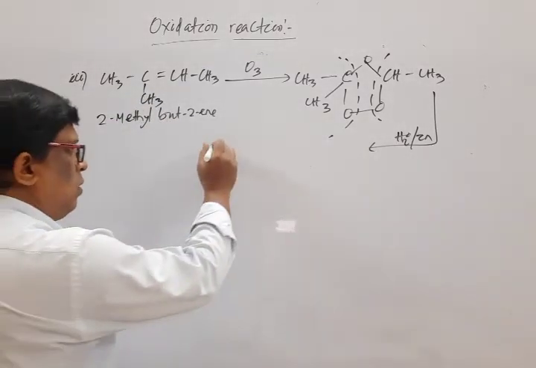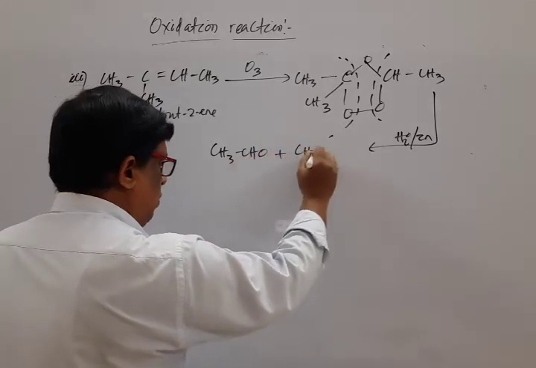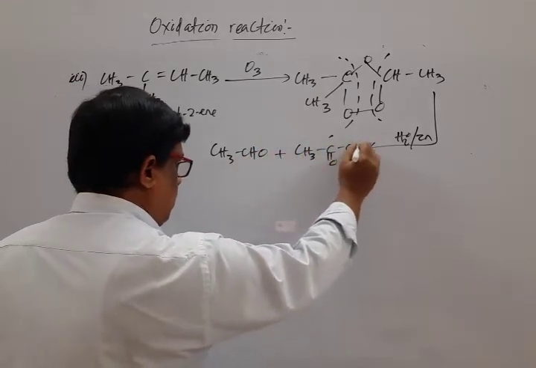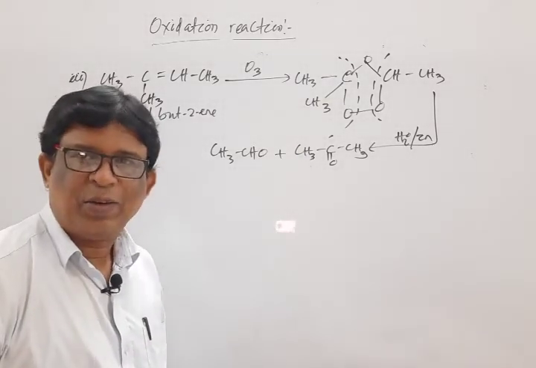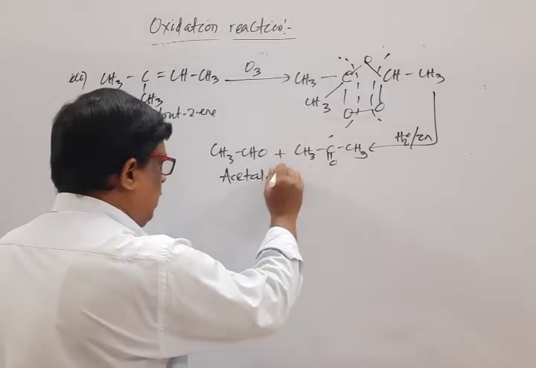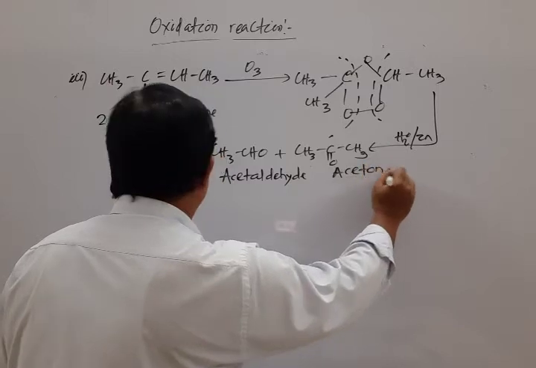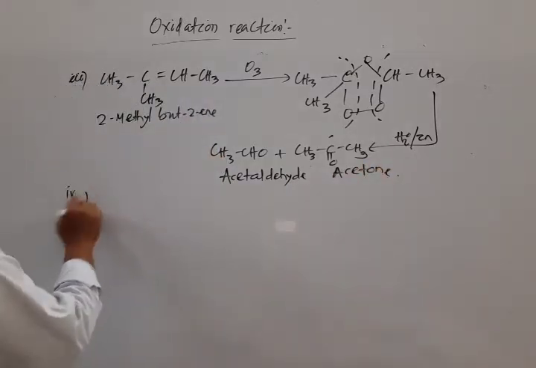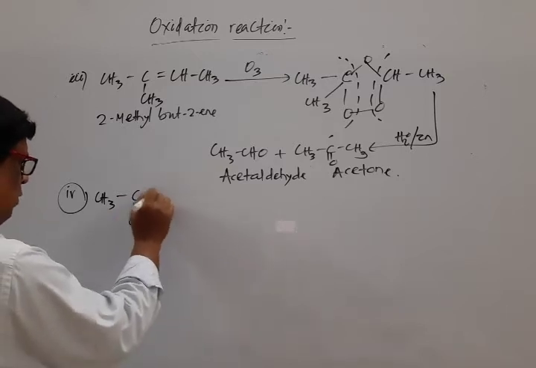What is the product? Resulting in the formation of acetaldehyde plus acetone. That is a mixture of aldehyde and a ketone formed. Its name is acetaldehyde. Its name is acetone. Select another example. Mark that. 2 branching is there.